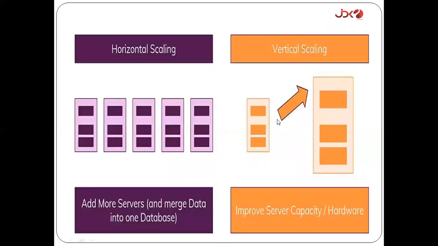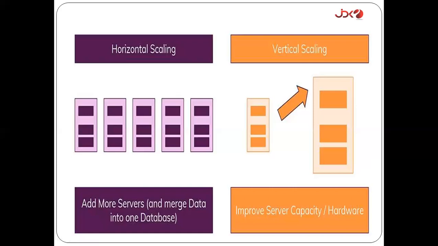Then in another diagram we can understand this. You can add more servers and merge the data into one database. If server one is full, with size 1 to 100, then 101 automatically moves to server two. When that is full, 101 to 200, it automatically moves to the next server, 201 to 300. So data can be split across many servers. But in vertical scaling, we cannot do that; it improves the capacity and hardware.